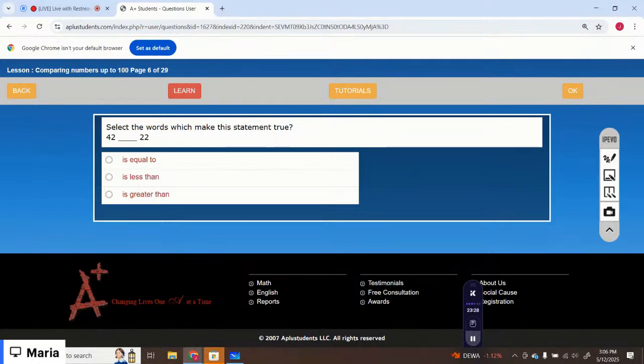Select the words which make this statement true. 42 is greater than 22. Option number 3 is the correct option.